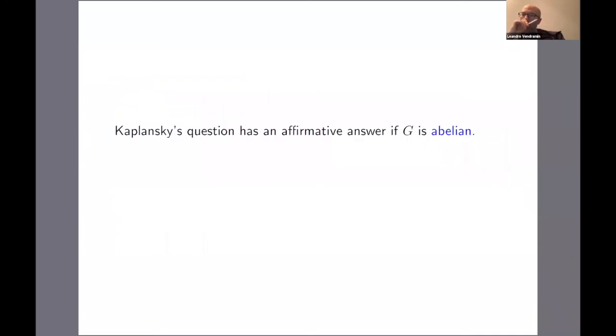But what we do know is the following. Kaplansky's question has an affirmative solution if G is torsion-free abelian. If you go and read the proof, then you realize that you don't really need an abelian group. You can generalize this a little bit: the proof essentially tells you that Kaplansky's question will have an affirmative solution if G admits a left ordering.